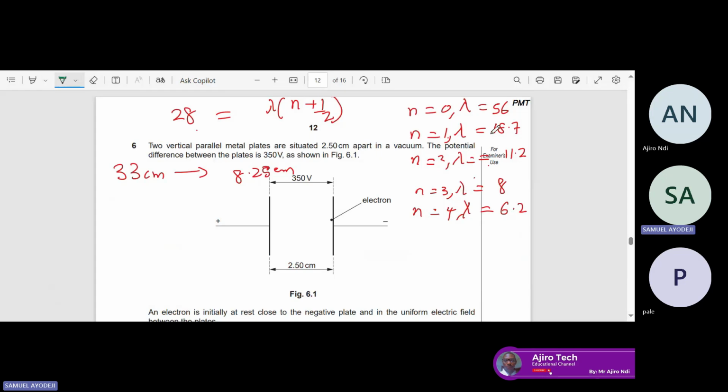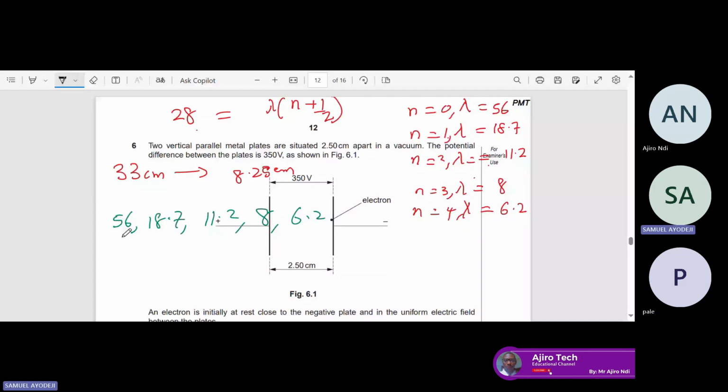Now, see what we have here. We have 56, 18.7, 11.2, 8, 6.2. In this case, which ones are in the range? This one is in the range. This one is there.